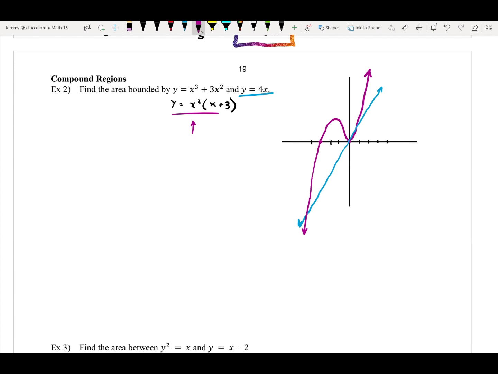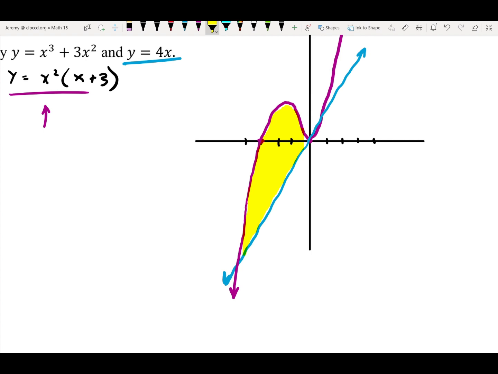So this is a pretty interesting region that we're going to be looking at here, because I'm noticing more than one region being formed here. We have this large region here. And then looking over here, we can't really see it, but in between these two curves, I think we have a very small region. Could try to highlight it a little bit.